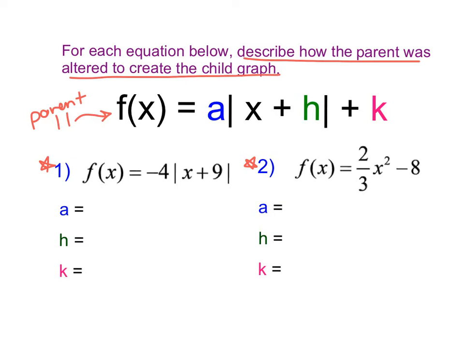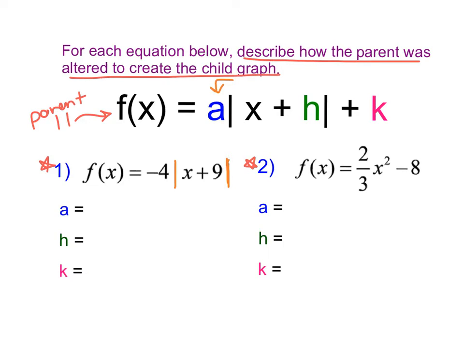So here in the first problem, we have f of x equals -4 absolute value of x plus 9. I can see that the absolute value parent function is going to be modified to create this child graph because it has the absolute value function in the equation. Now I need to identify my a, h, and k values. Well, a is always out here in front of the entire absolute value.